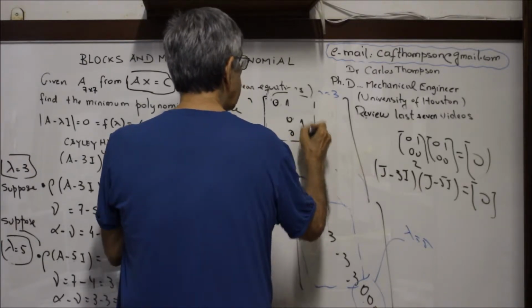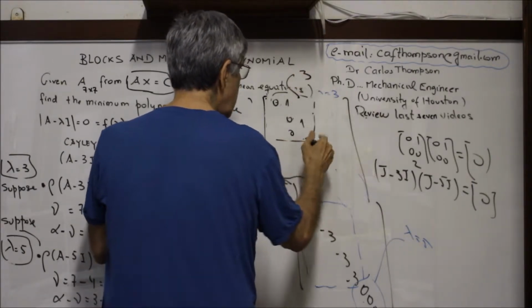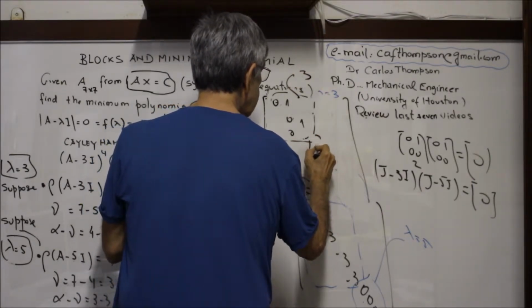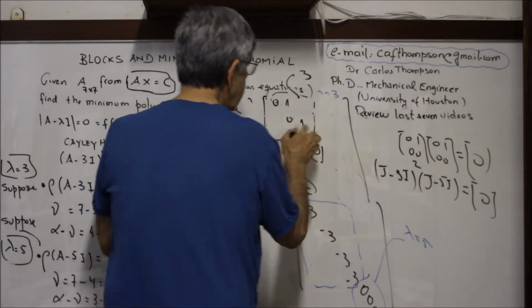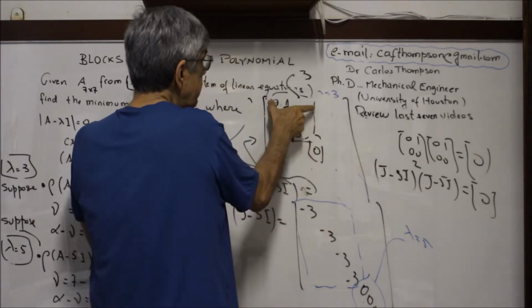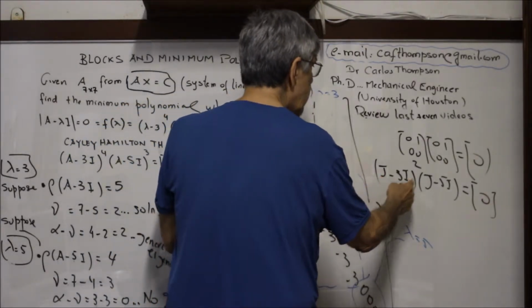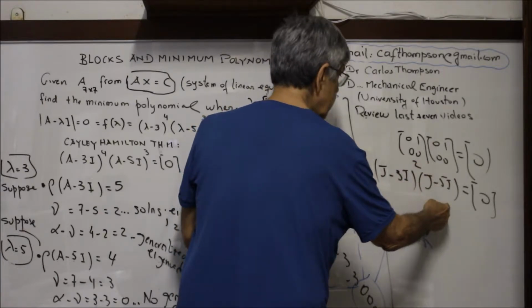This block to the power 3 will be 0, and I have another 0 here. Now this here to the power 3 is 0. That's why before we had (J minus 3I) to the power 3 times this.